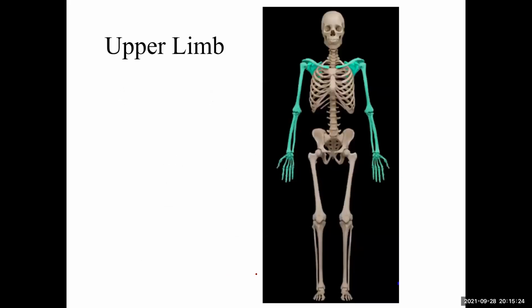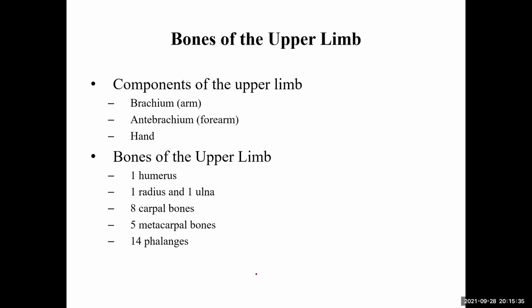Okay. So let's climb on board and get into the upper limb and talk about some of the structures on the upper limb. Let's talk about all the bones first of the upper limb. Before I do so, we've got to talk a little anatomy terms here. A lot of times when people think of the arm, they think of the entire upper extremity. Now you're in anatomy, so we're no longer going to be thinking like that.